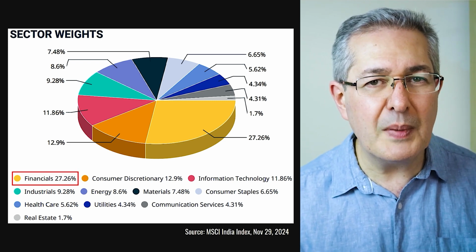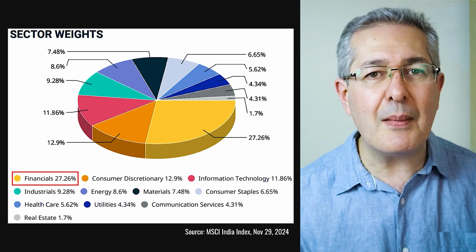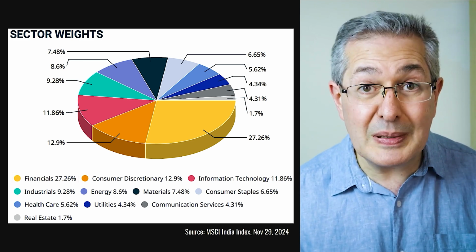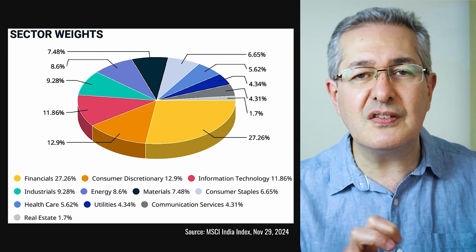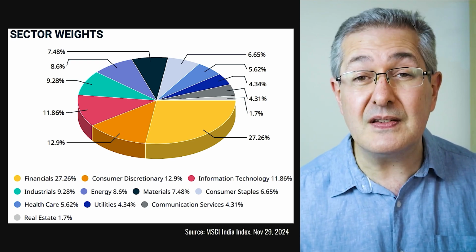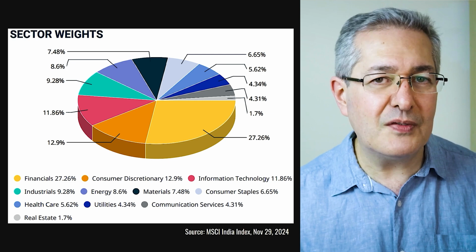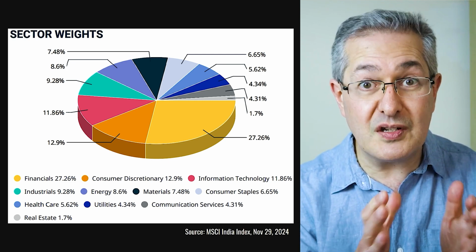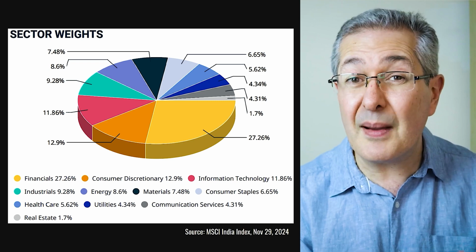So financials make up 27% of that market. And while that is the biggest sector, it's by no means completely dominant. There's still good diversification across other sectors. So if you do buy a tracker for the whole Indian market, then you're not just buying huge concentration in one sector, which makes that more risky.